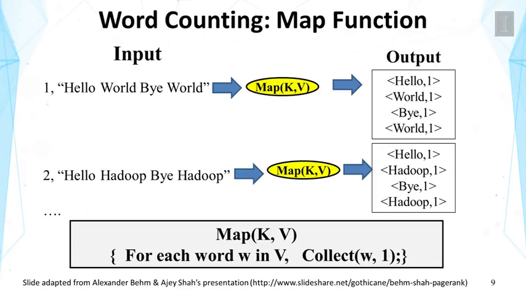So the map function is really very simple. If you look at what the pseudocode looks like on the right side, you see it simply needs to iterate over all the words in this line, and then just call a collect function, which means it would then send the word and the counter to the collector. The collector would then try to sort all these key value pairs from different map functions, right?